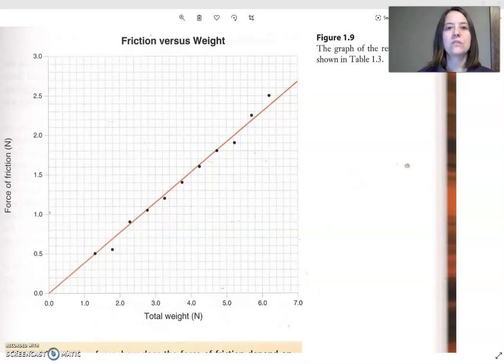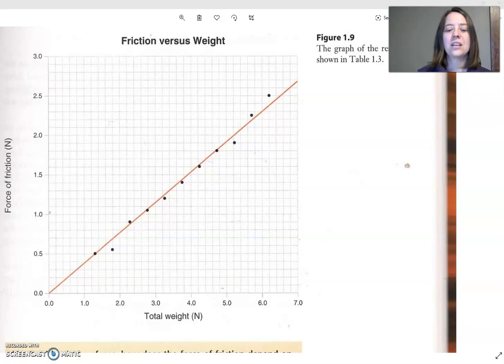So a couple questions for you about the graph. What is the force of friction if the total weight is 4.4 newtons? So we would go over to 4.4 newtons, follow it up to the red line, and then go over, and that would be 2 lines over, so 1.5, 1.6, 1.7 newtons.